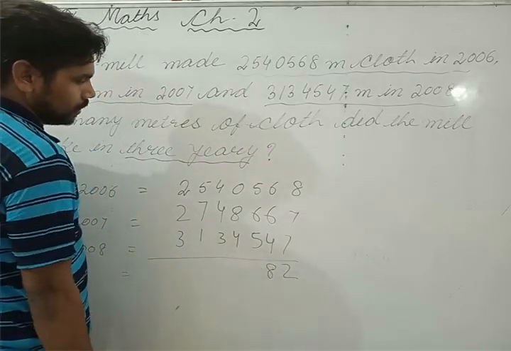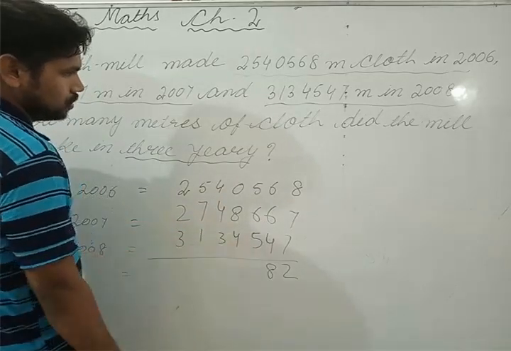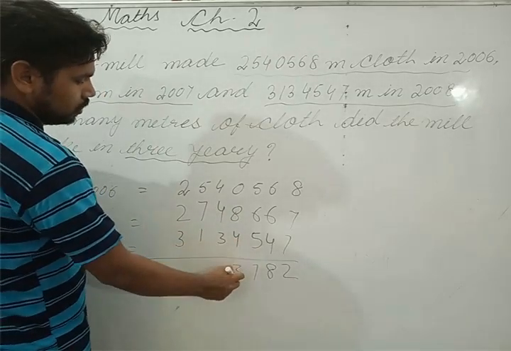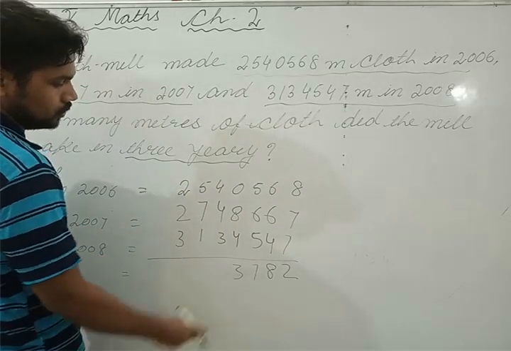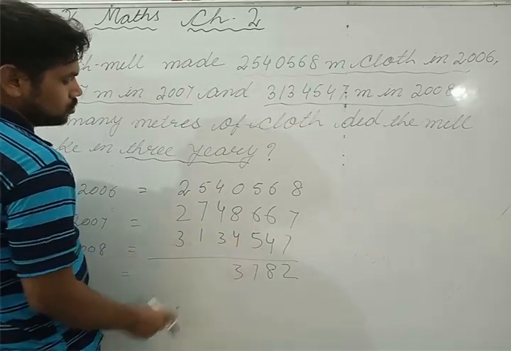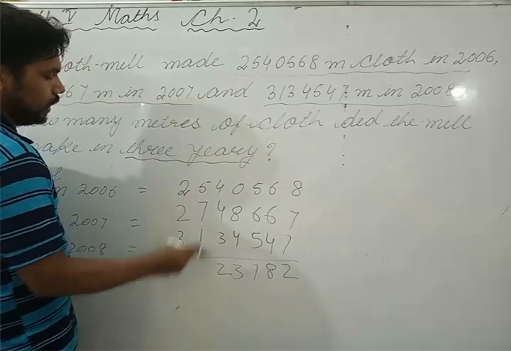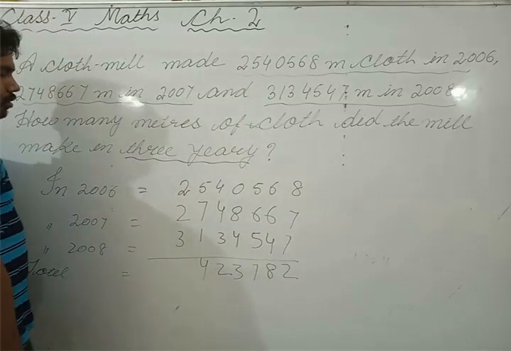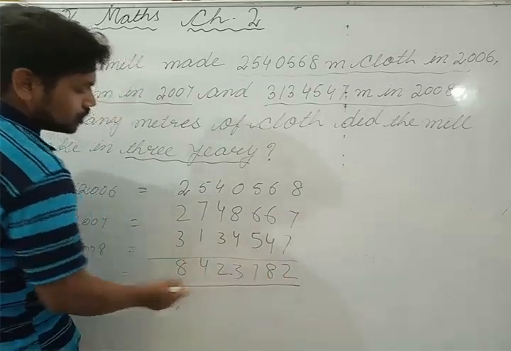So 1 carry 6 to the 12, 12 plus 5 is 17. So 7. 9 plus 4 is 13, 3. 8. This is also 4, so 12. So 2. 8, 9, 14, 4, so 6, 7, 8, so 8. So this will be the total production.